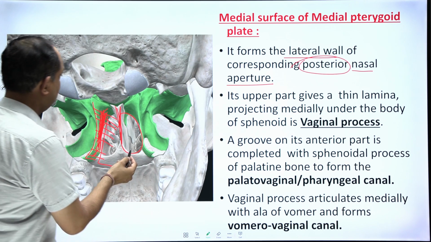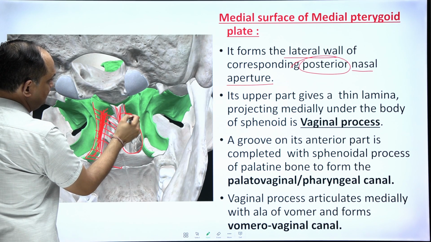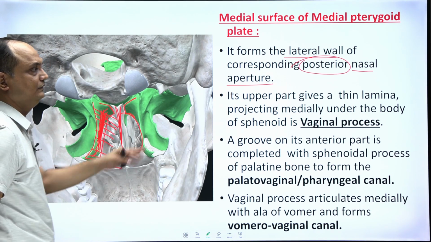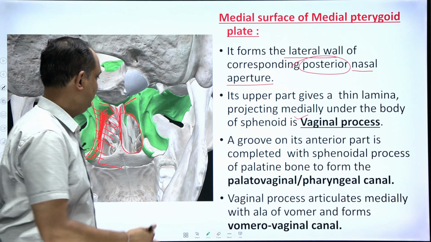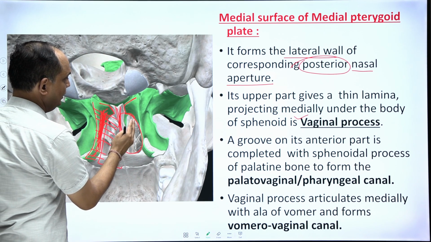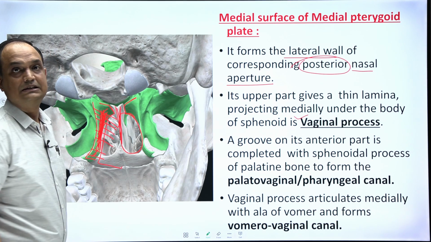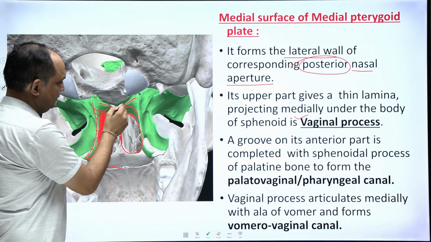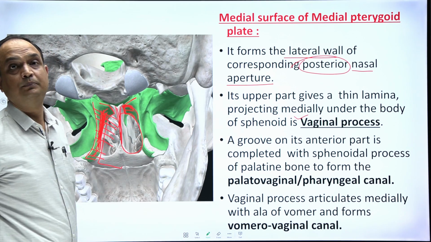Now when you move to the upper part of this, it is having a projection. Now these projections on both sides are known as vaginal processes. So when you trace this medial wall and you go towards the base of the skull, you will find that there is a curvature, and this margin or projection is known as vaginal process.